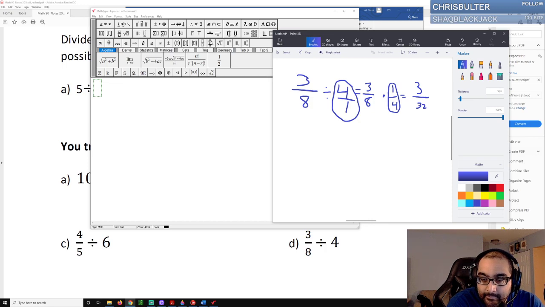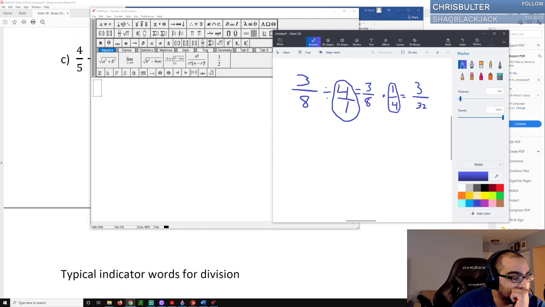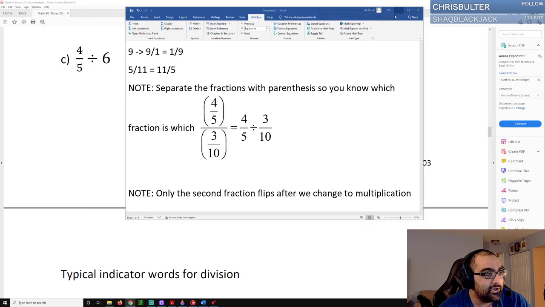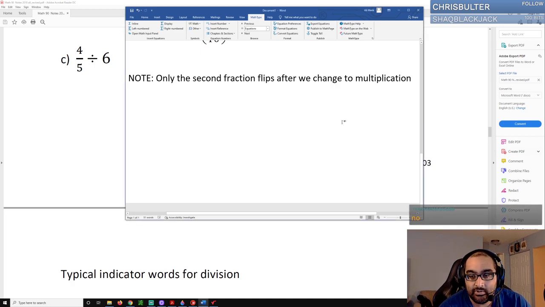All right. Any questions about that? Okay. So let's go ahead and now do application problems. Let's see how we can attack some of those application problems based on some of the keywords that we will see in this case.